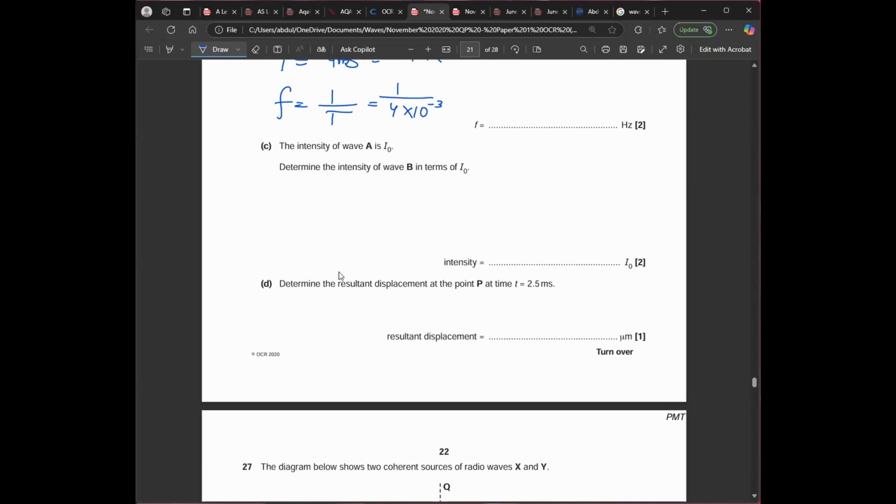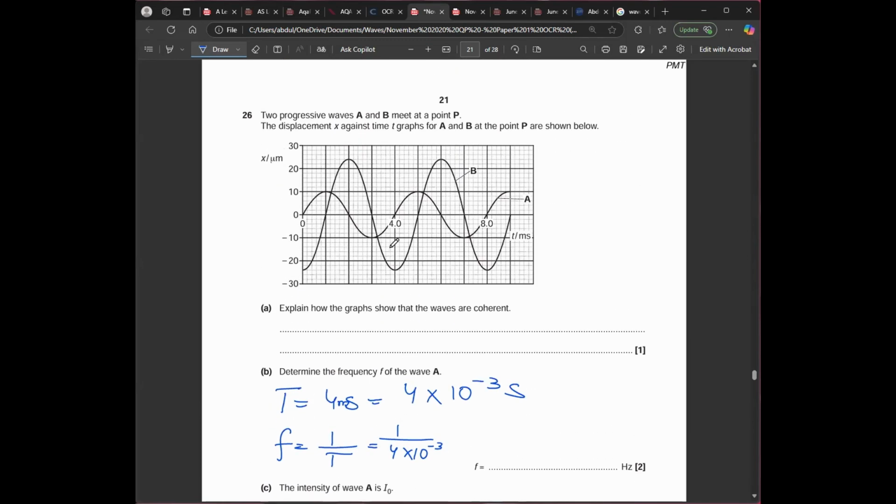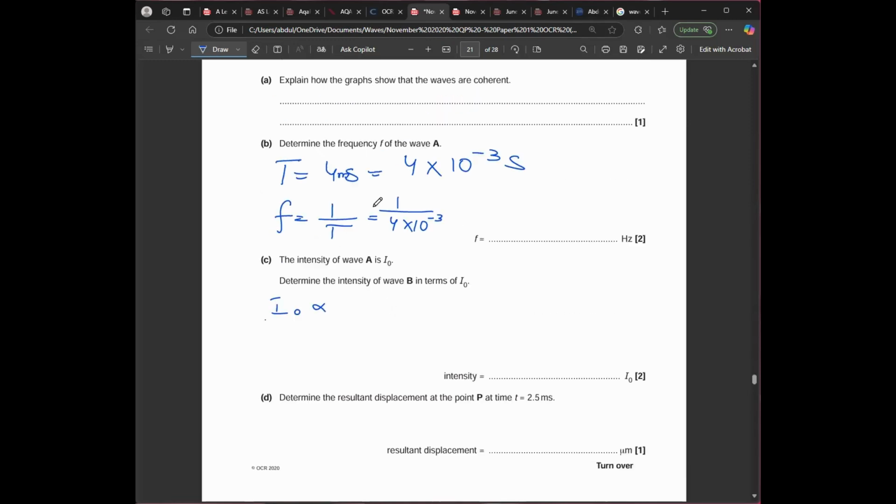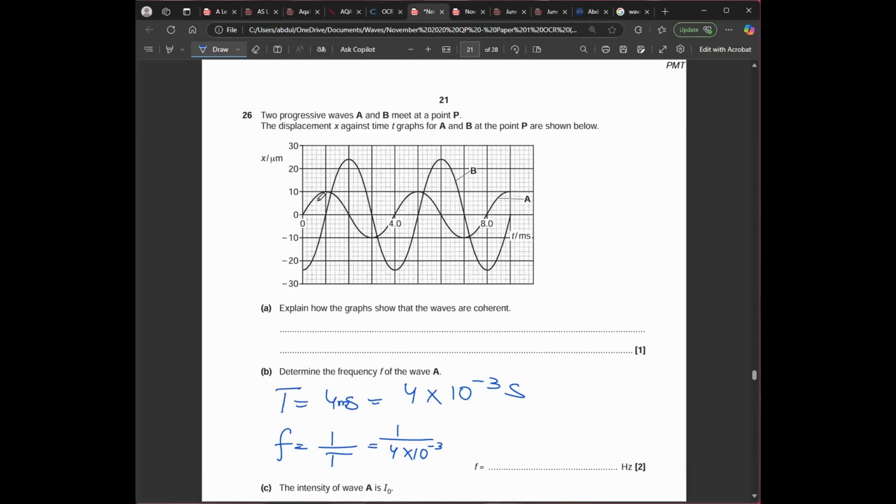So we know that the intensity of wave A is I naught. And we also know that it should be directly proportional to amplitude squared. For wave A, what's the amplitude? It's 10 micrometer.